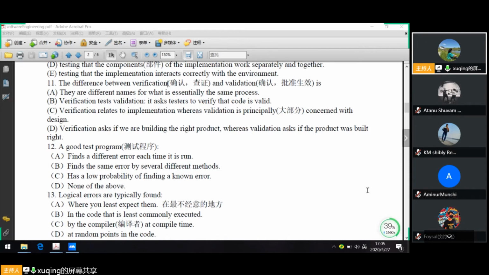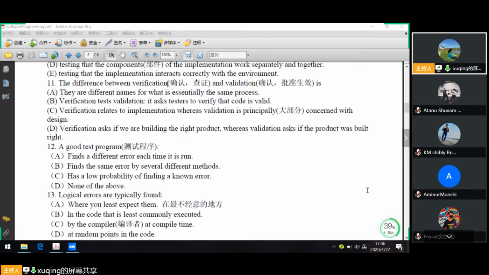We say a good test program normally should find errors with the largest probability. Ramnak, you are right. If we can find a different error each time it is run, it's a good test program because we can find the errors ourselves as developers instead of by other users after delivery.